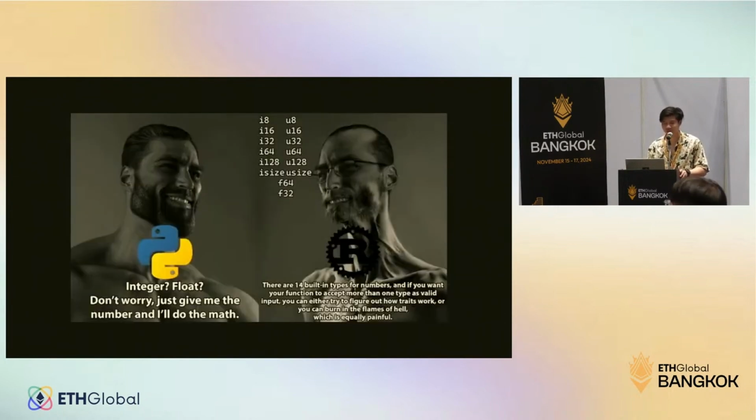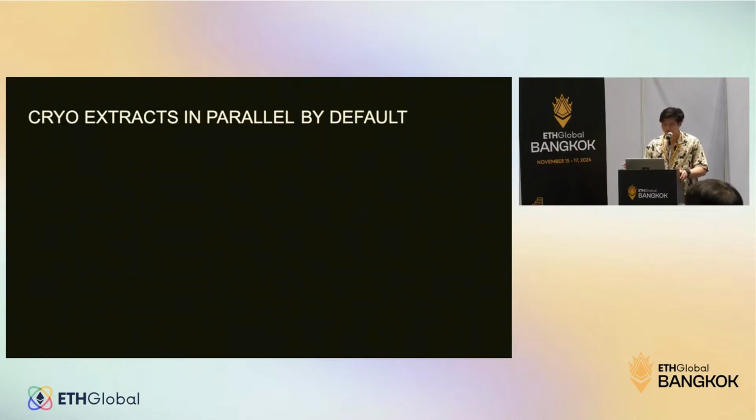So if it's a float, an unsigned integer of 8 bytes or 16 bytes, or just an integer of 8 bytes, I can perform some analysis on it. Also, Cryo extracts data in parallel or asynchronously by default, so a lot of the bottlenecks that you get with Python, you can easily overcome with Cryo.